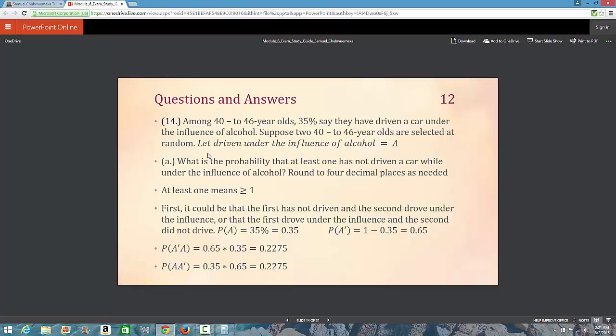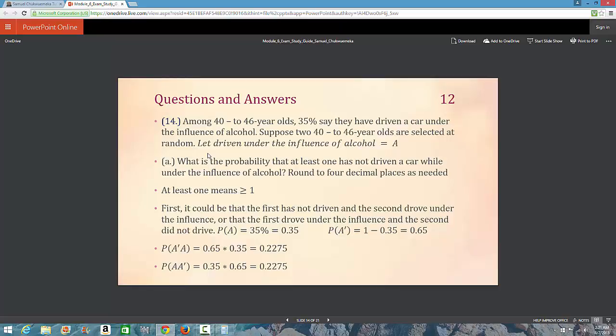So among the two people you select, what is the probability that at least one has not driven? It could be that the first one has not driven and the second one has driven. Or the first one has driven and the second one has not driven. Or both of them have not driven.